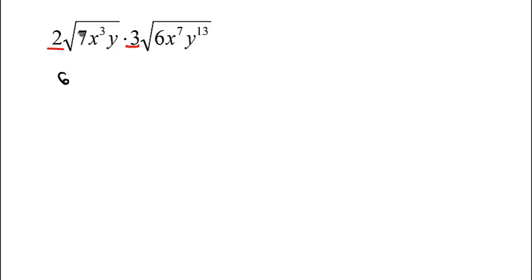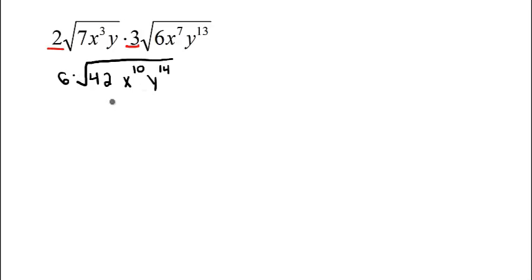We've got a 7 times 6, that gives us 42, and then x cubed times x to the 7th, that's going to give us x to the 10th. Whenever we multiply variables, we add their exponents. And then y to the 1st times y to the 13th, that's going to give us y to the 14th. And remember, we're taking the square root of all that.